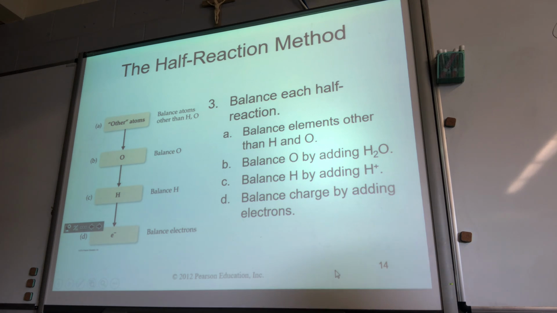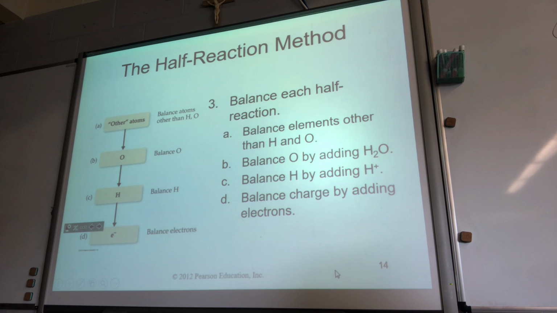If that means you have to add electrons so that the charge on the left side is 2 and the charge on the right side was 8, you had to add 6 electrons to get that charge down to 2 so that both sides match. You can only add electrons at this point. You shouldn't be adding H's anymore. You add H's, you've unbalanced your hydrogens again.